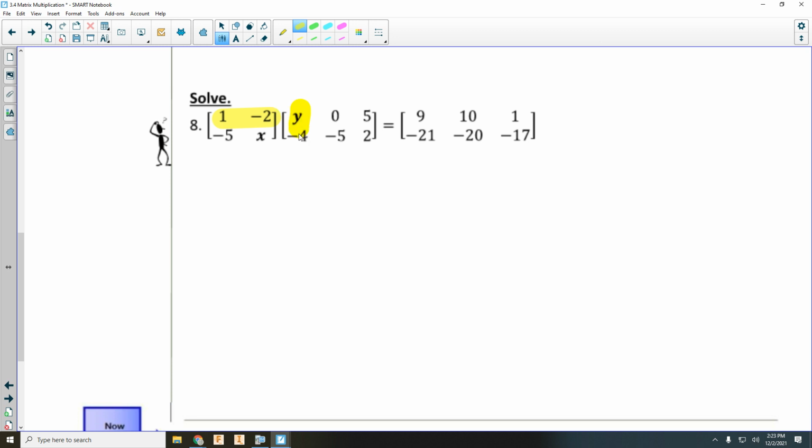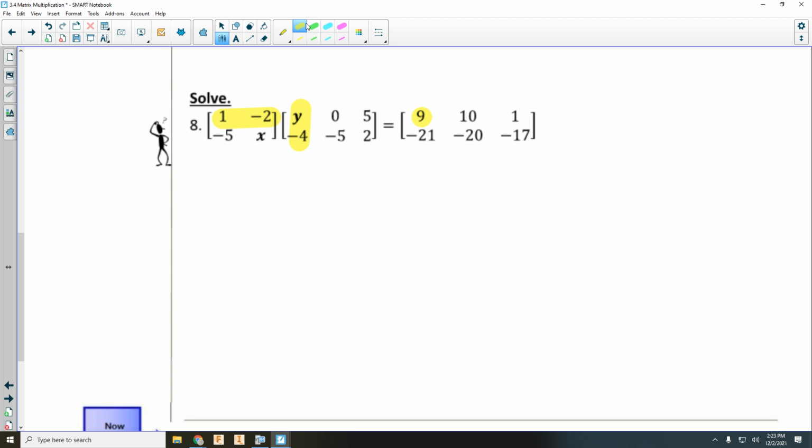If I multiply that by that row, if that's my equation, right? What's that equal to? Row 1 times column 1 is equal to what number? Yeah, that's equal to 9.